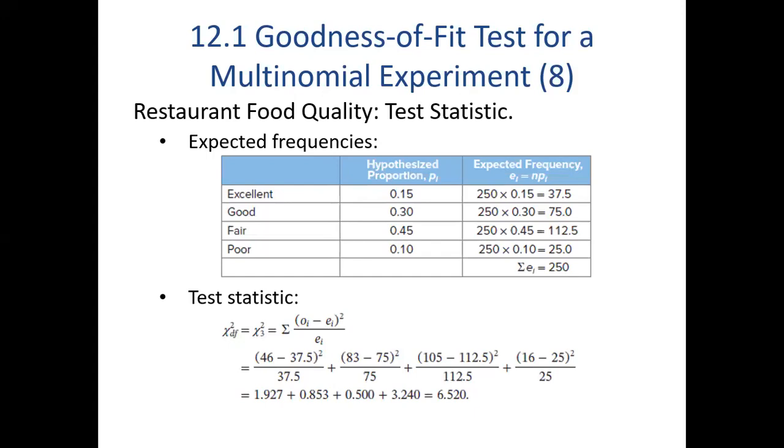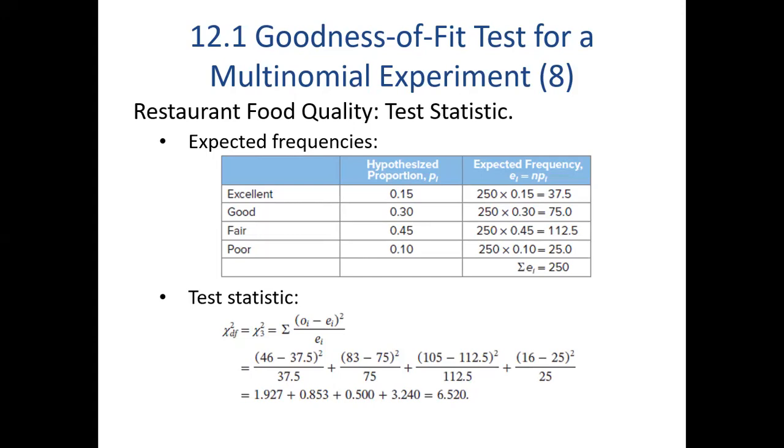So how to do this in the calculator? So for the expected, the first column is the 4 categories: excellent, good, fair, poor. The second column is the hypothesized proportion, which is same as last year. Okay. And then we find the expected frequency count in each category. So for example, total number of customers was 250 times 0.15.